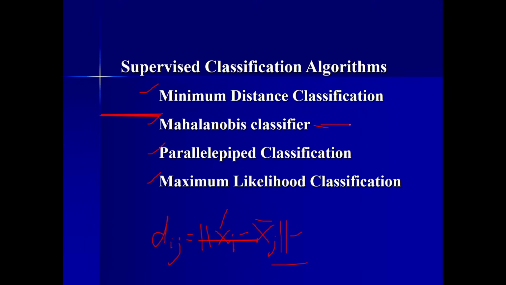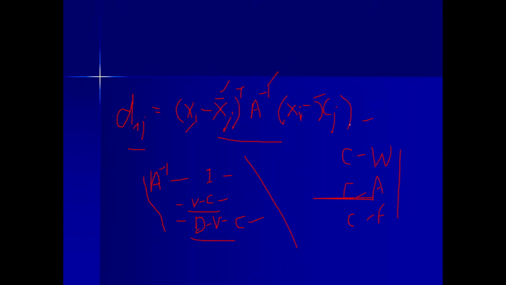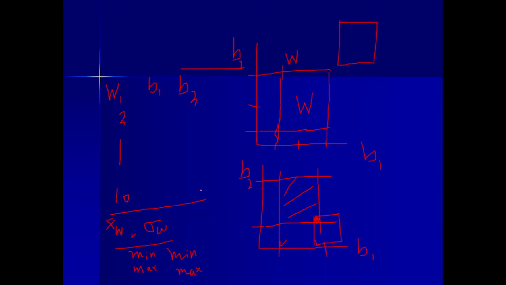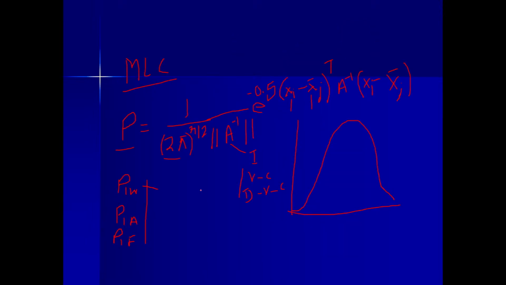From the commercial point of view, the commercial software uses only the variance covariance matrix in the maximum likelihood classifier. But from the research point of view, you can apply all 3 norms of the weight matrix. It can be Euclidean norm, that is your unit matrix, or variance covariance matrix, or diagonal variance covariance matrix.